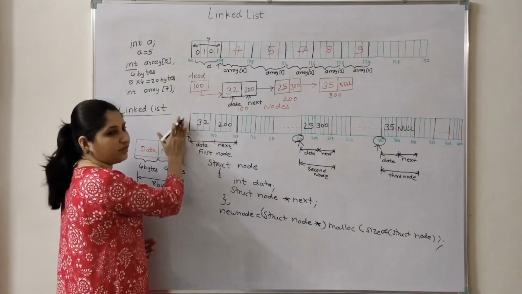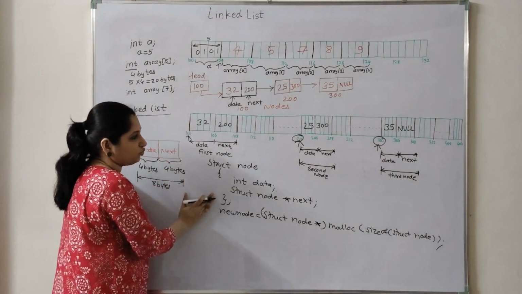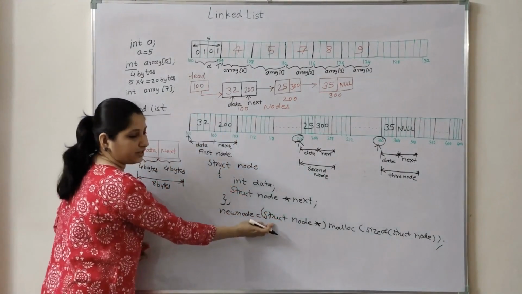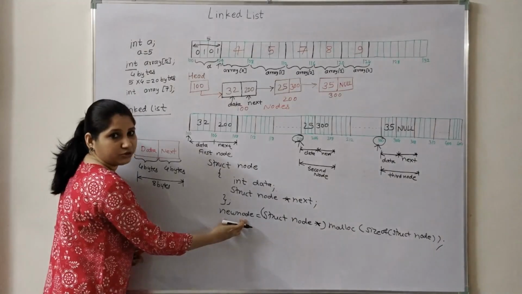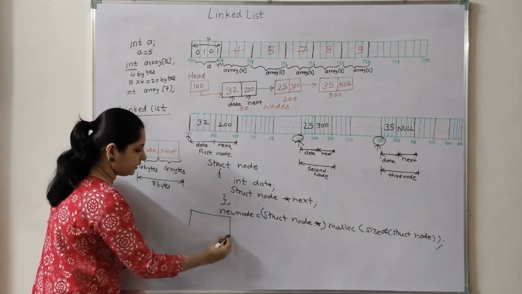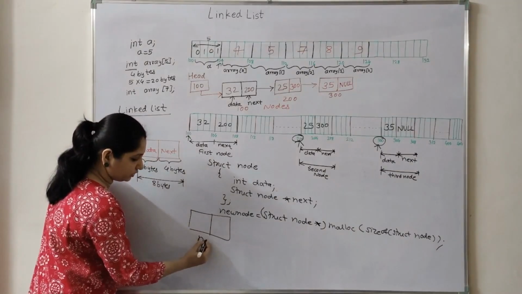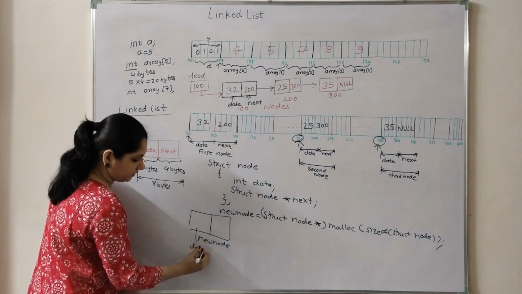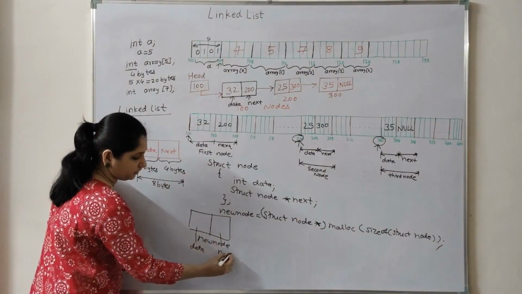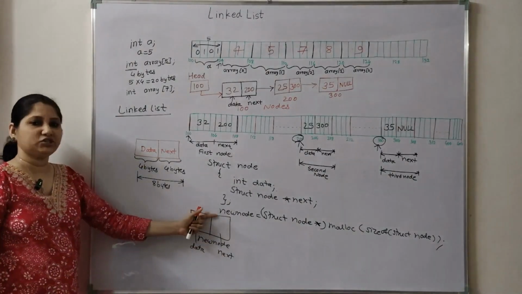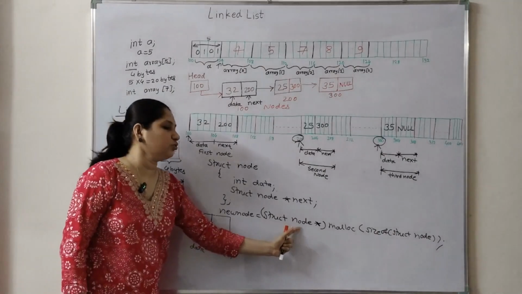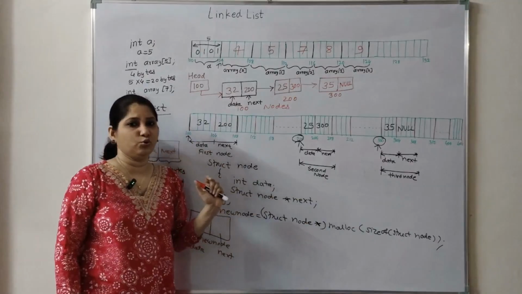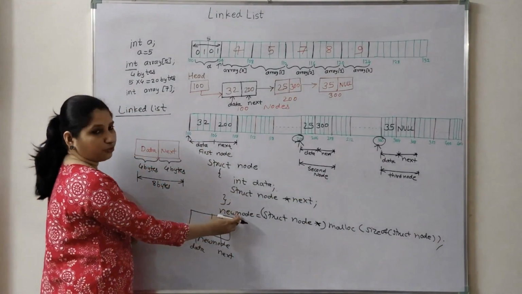Whatever the size of that particular structure node is in our linked list, whatever elements we have to allocate into our linked list, that memory location will be allocated to this new node. So whenever a new node is created, it allocates dynamic memory, and in that new node the data part and the next part are created whenever we write this statement: struct node pointer new node equals malloc of sizeof struct node.